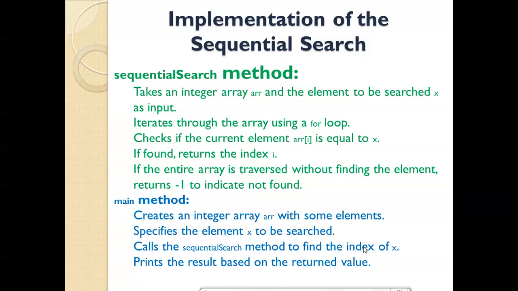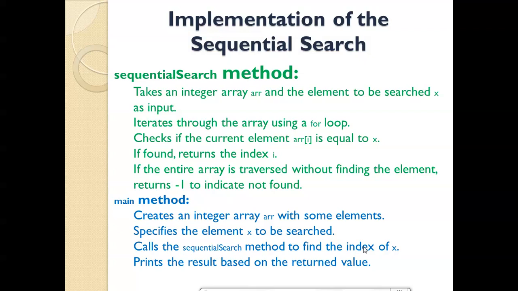This is the main methodology for a sequential search. Afterwards, let us see what the process is in the main function. The main function is the heart of the program because execution starts from the main function only. So the main function creates an array of elements, and our searching value is also initialized in the main function.